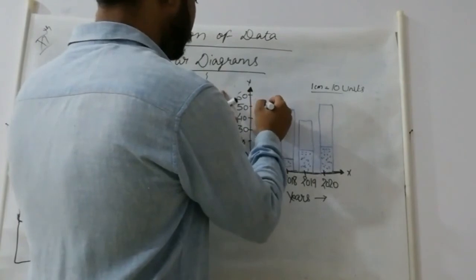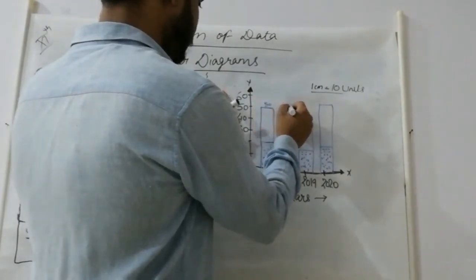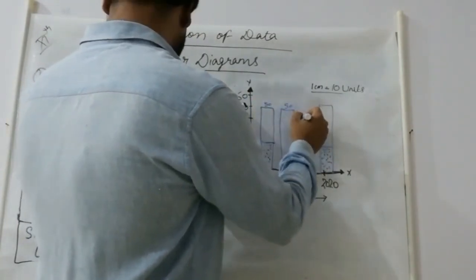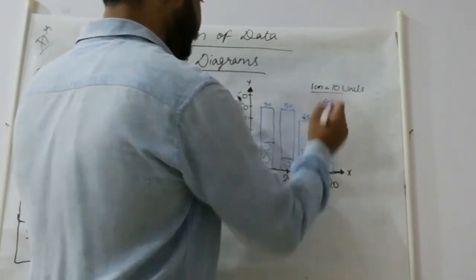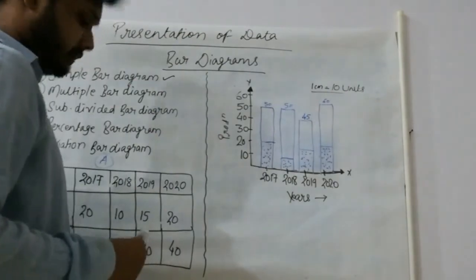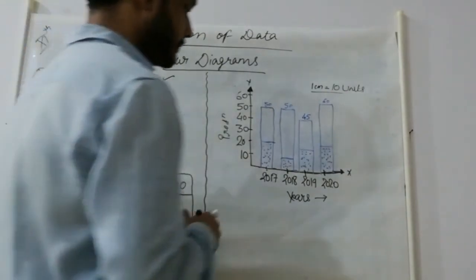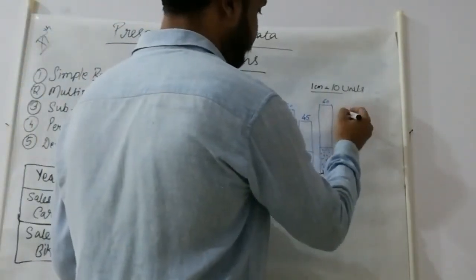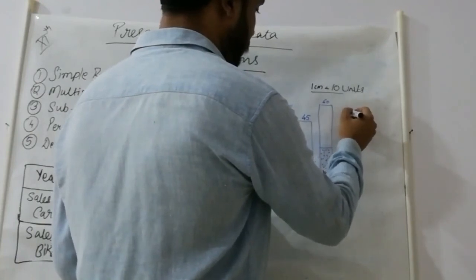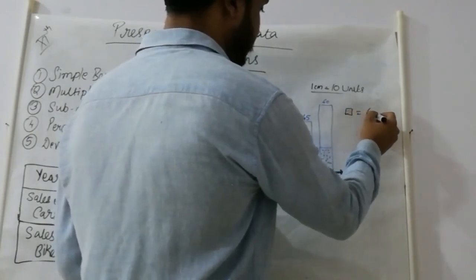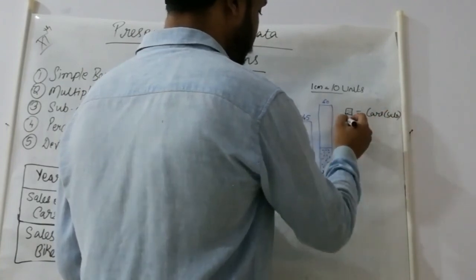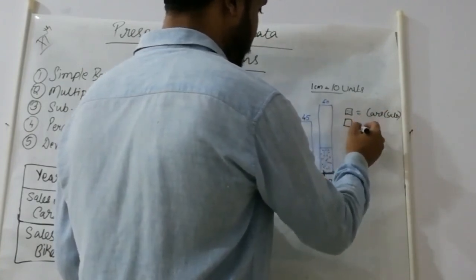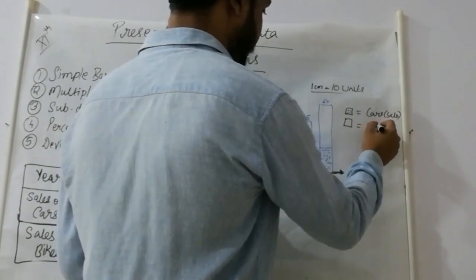Here we can write the total amounts, that is 50, 50, 45 and 60. And we can make an index that the ones in dots are representing sales of cars, and the blank ones are representing bikes.